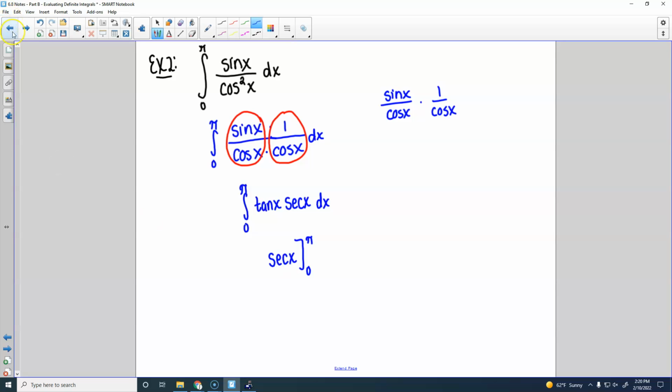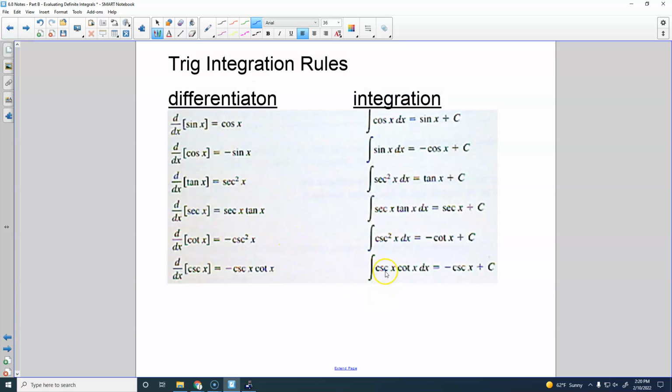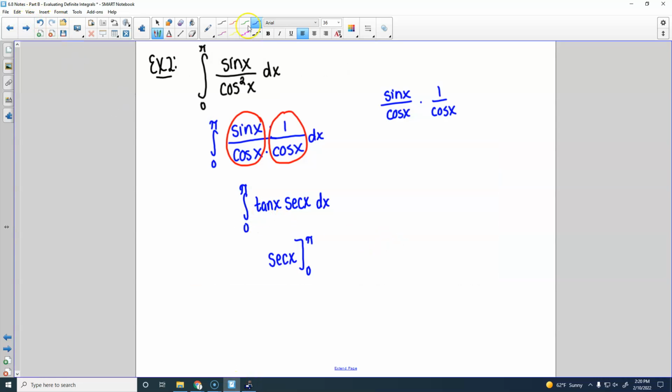So wait, why do you just have secant x in the bracket? Because the integral of secant x tangent x is secant x. When you integrate tangent x secant x, or secant x tangent x, it doesn't matter, the integral of this is just secant x.